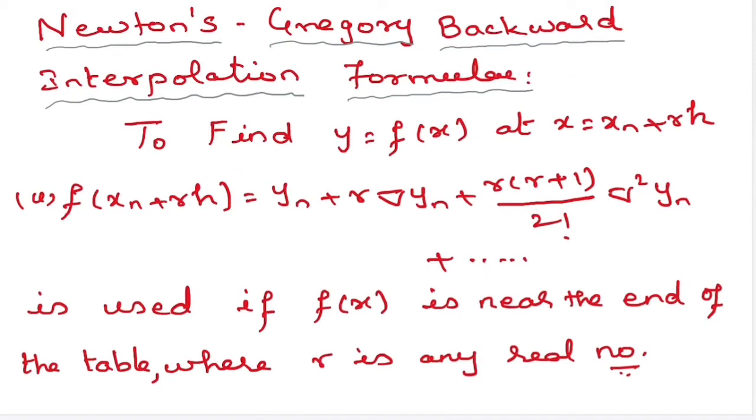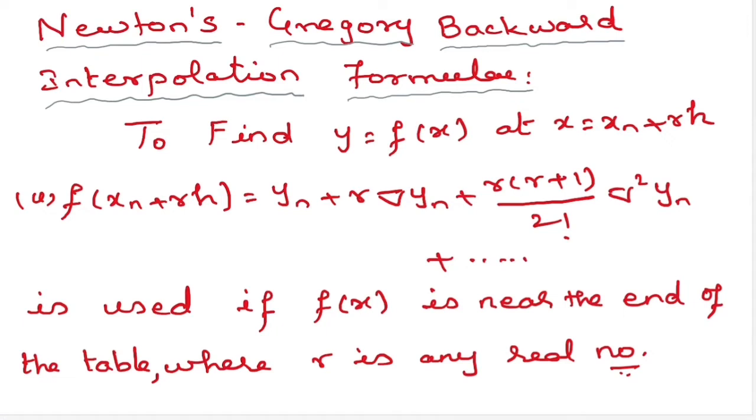Similarly, Newton's Gregory backward interpolation formula. To find y is equal to f of x at x is equal to xn plus rh, f of xn plus rh is equal to yn plus r into delta yn plus r into r plus 1 by 2 factorial into delta square yn plus it goes on, is your Newton's backward interpolation formula.